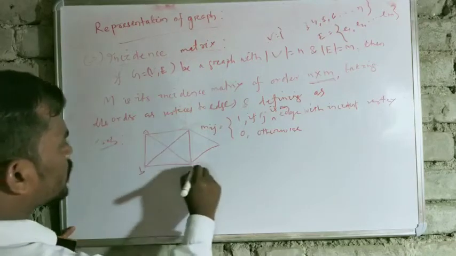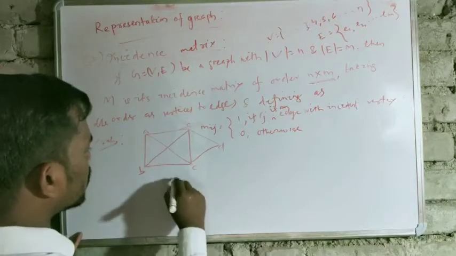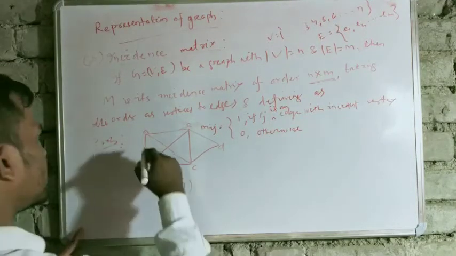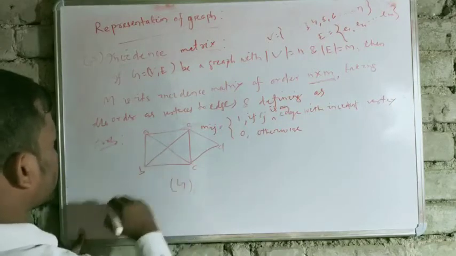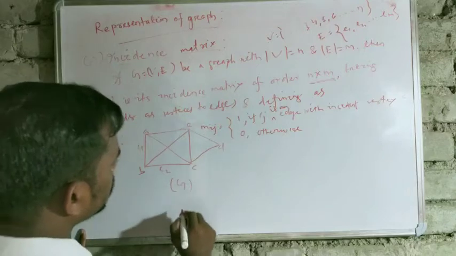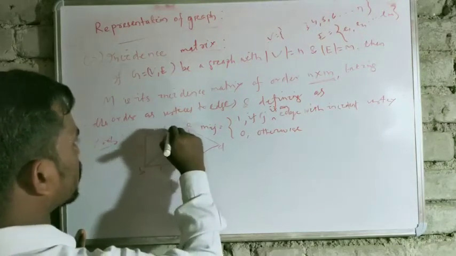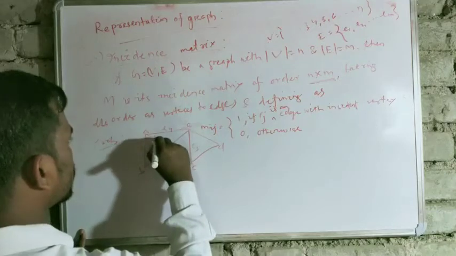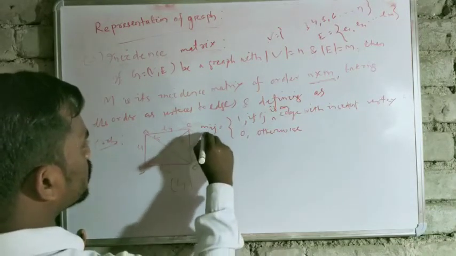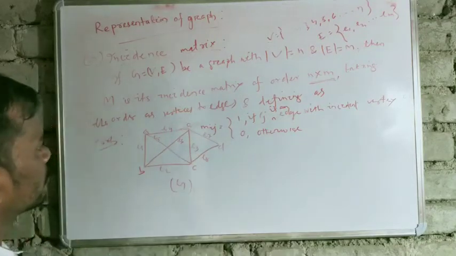A, B, C, D, E. Now this is a graph. How will we find its incidence matrix? Name its vertices, name its edges. Let this be E1, this E2, this E3, E4, this one E5, this one E6, this E7, this E8.